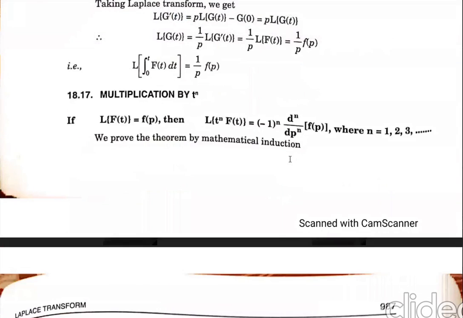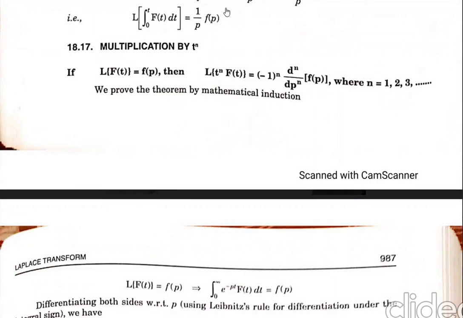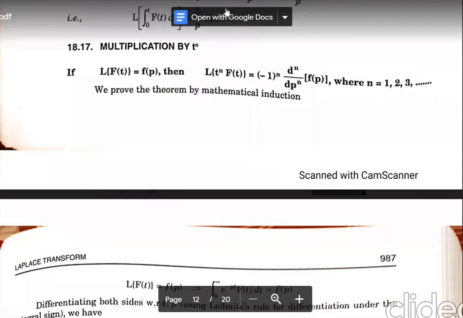Now next is multiplication by t to the power n.